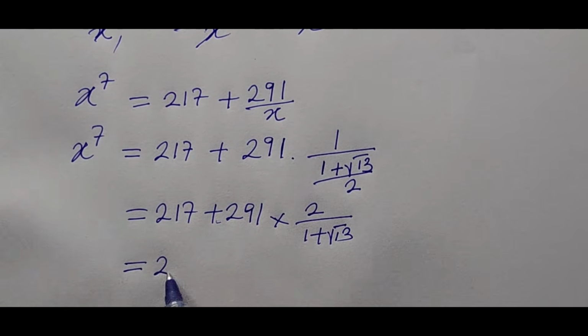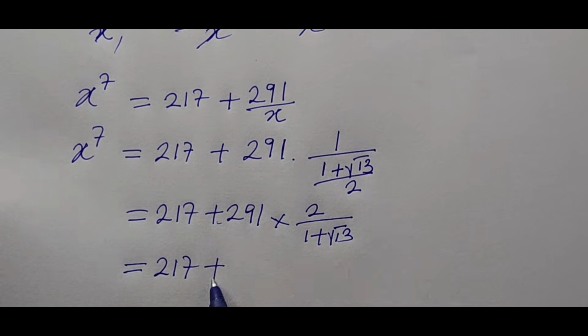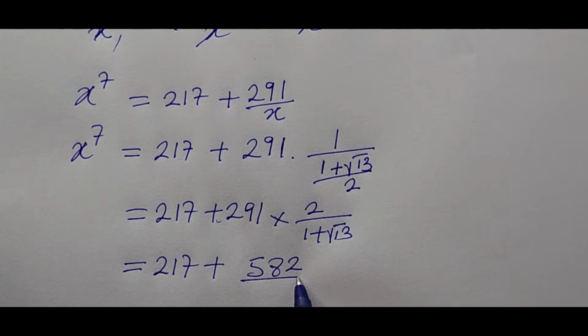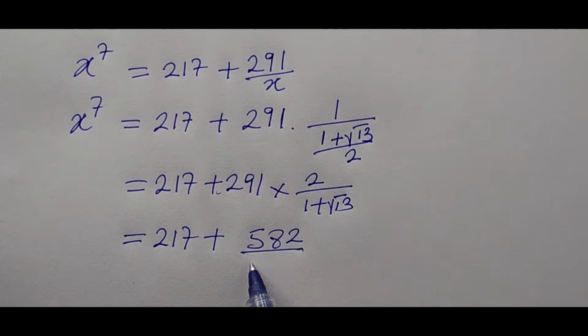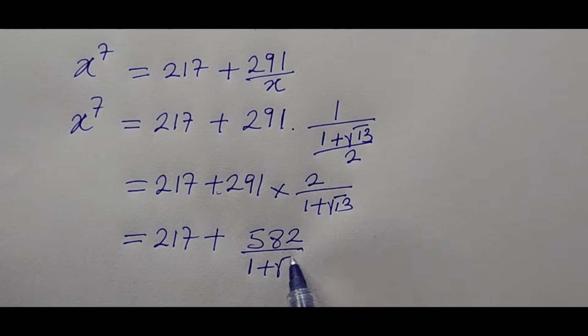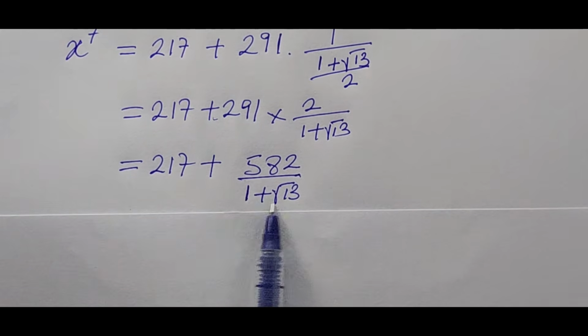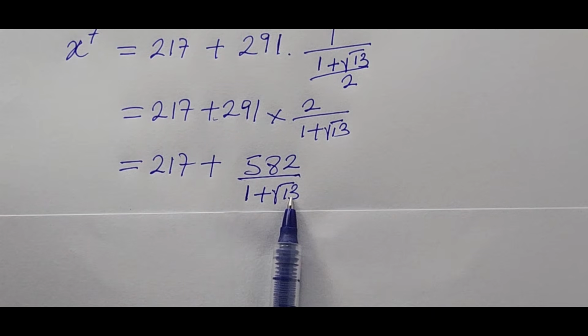So this is going to give us 217 there plus, if we use our 2 to multiply this, 582 all over 1 plus root 13. So from here, we just have to rationalize this denominator.